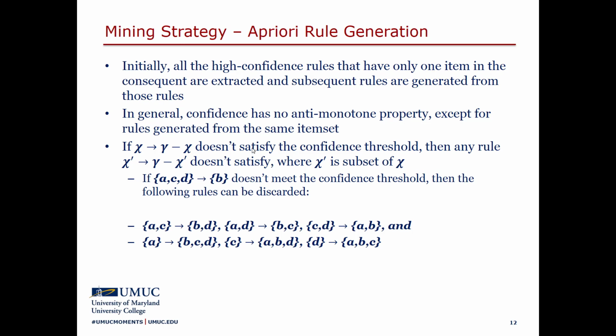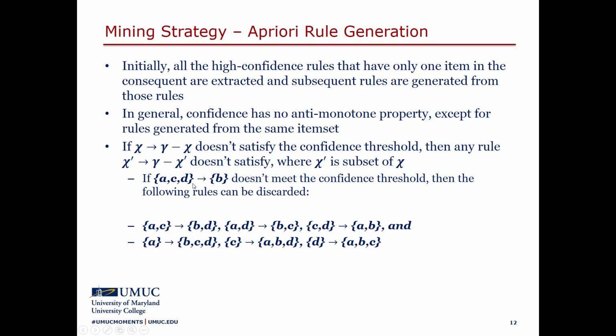So that means if X leading to Y minus X, splitting into 2, does not satisfy the confidence threshold, then a subset of the antecedent part leading to the corresponding consequent also does not satisfy it. It's easier to explain with an example.